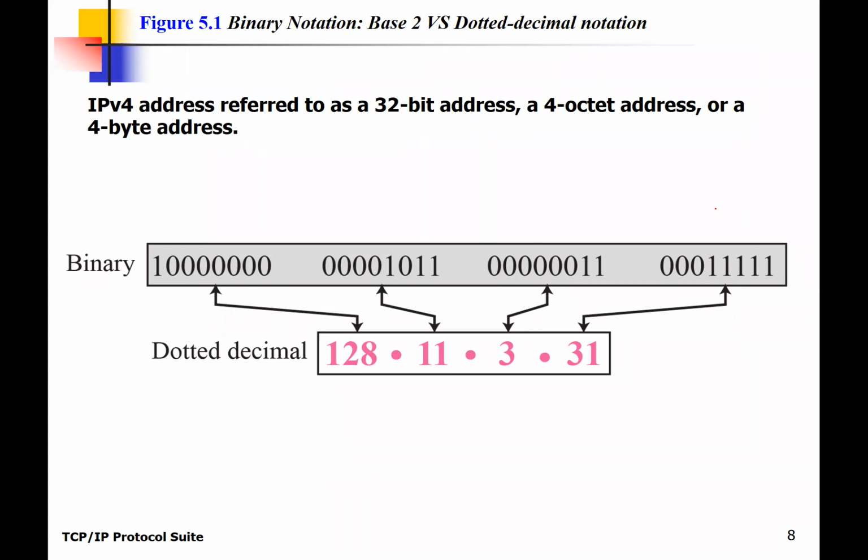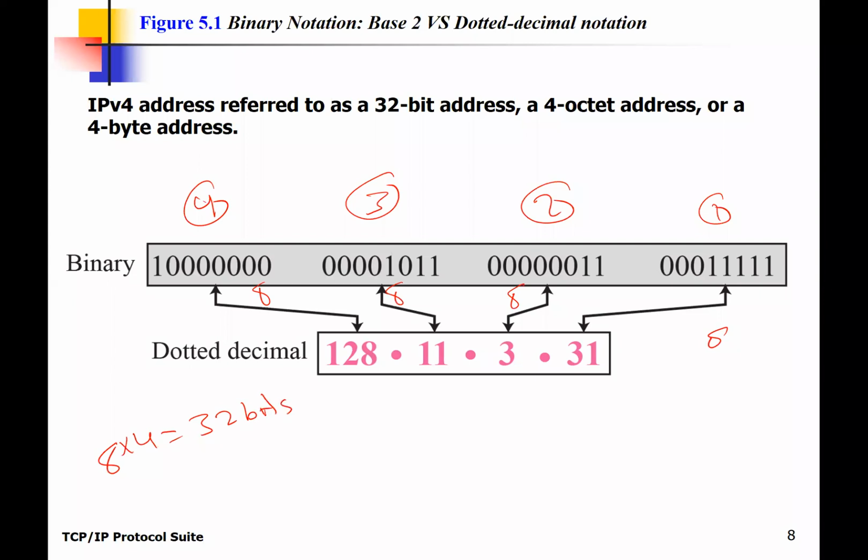So you divide it into 1, 2, 3, 4. And each byte, how many bits? 8. You have 8, 8, 8, 8. So 8 multiplied by 4 equals 32 bits, correct?